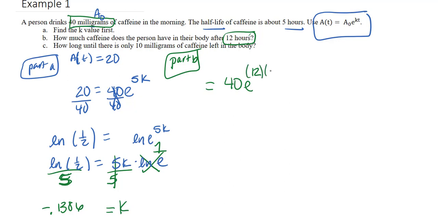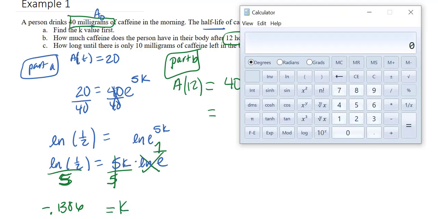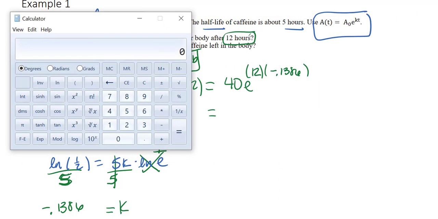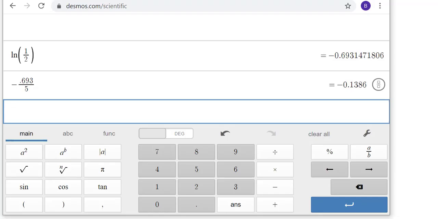And we have our K value. And then we're just solving for A, when t is equal to 12. It's like a function. So let's go ahead and solve. We'll get our calculators out.